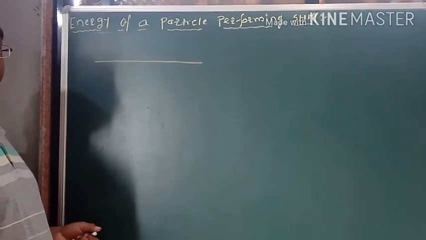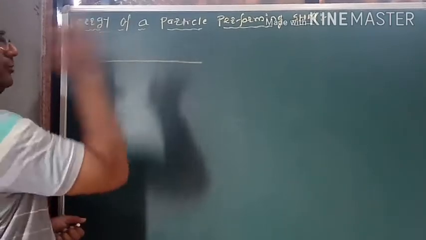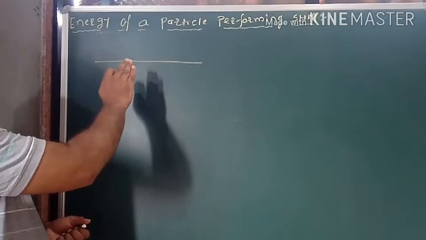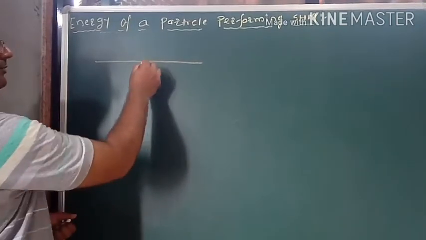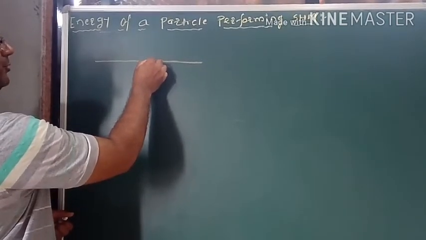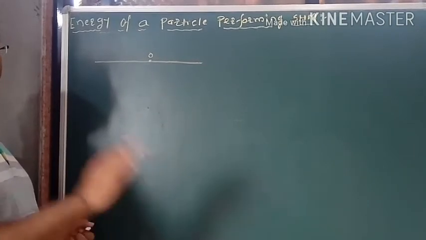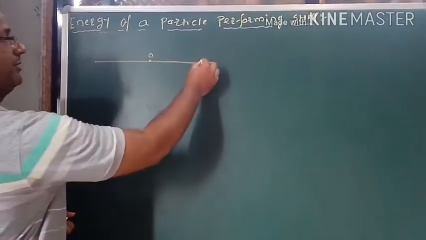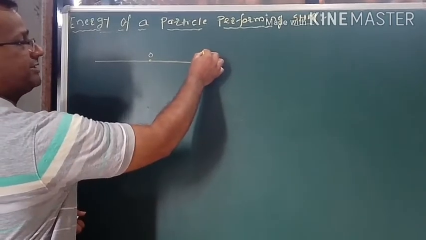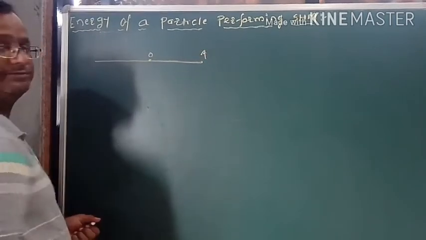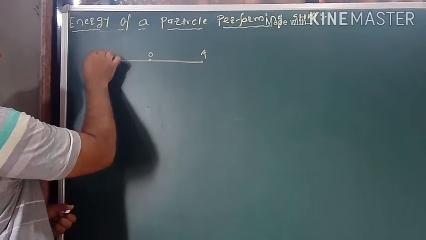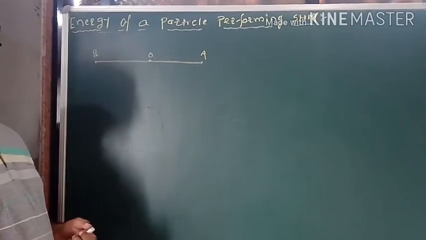is performing simple harmonic motion, right? Suppose this is the path of a simple harmonic motion, and in that path, suppose O represents the mean position, and this will be the extreme right position, and this will be the extreme left position.